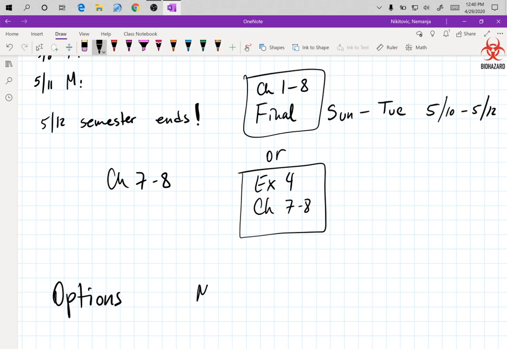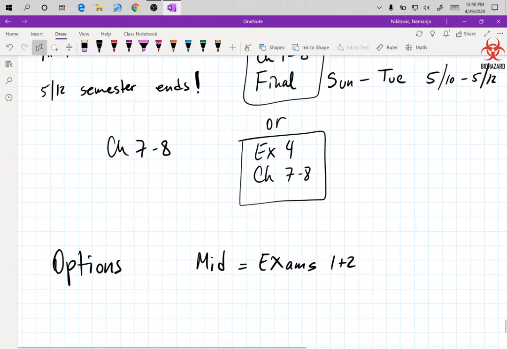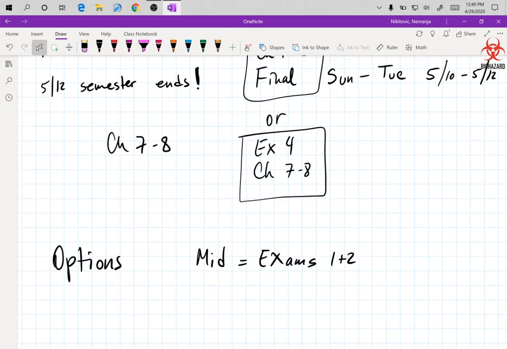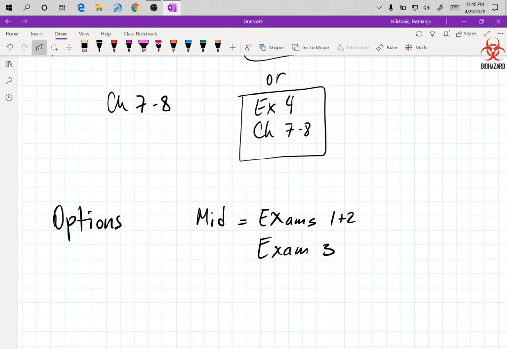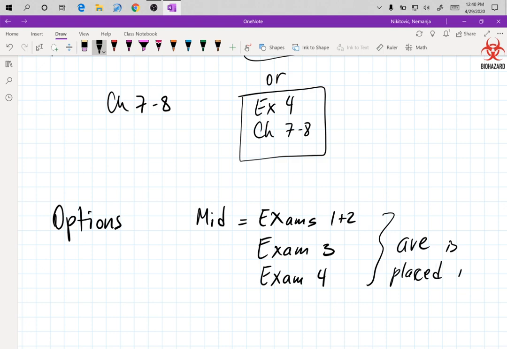We had our midterm, which was exam 1 plus 2. Everyone is taking exam 3. And then exam 4, and then the average is placed into the final.